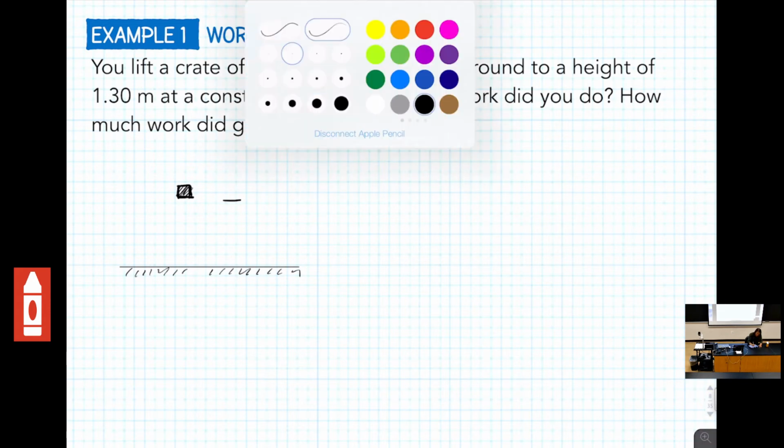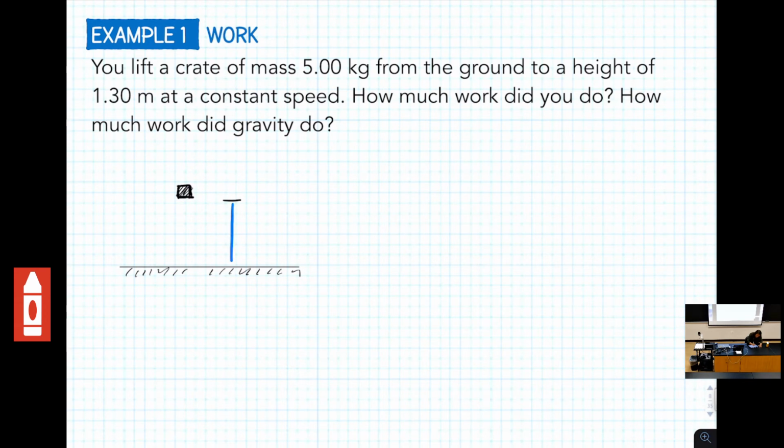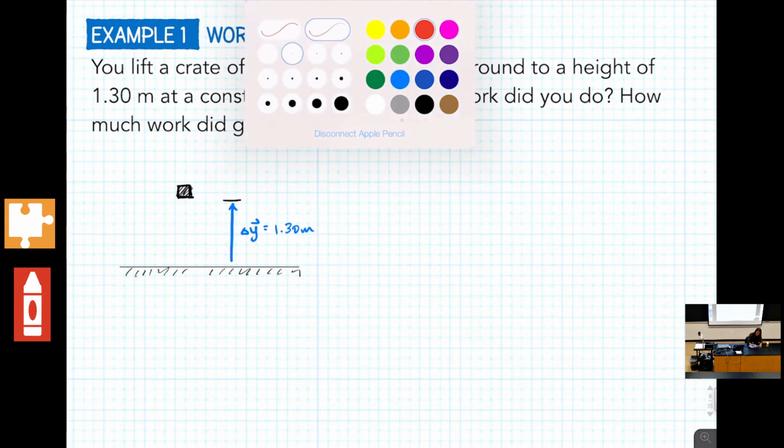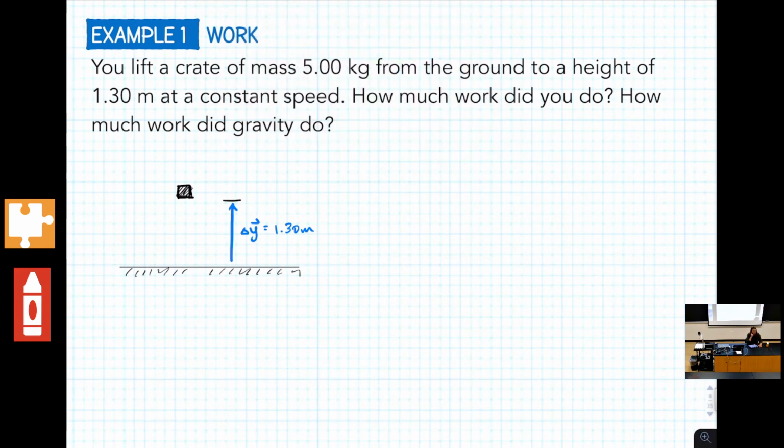So we have a displacement of delta y, which is equal to 1.30 meters. What are our forces? Gravity, right? So weight, that's going to be mg. Anything else? Force of lift. Yeah, the lifting force, right?